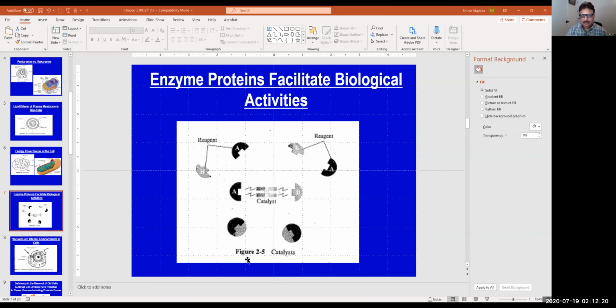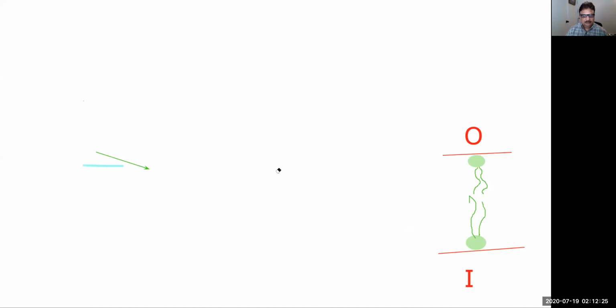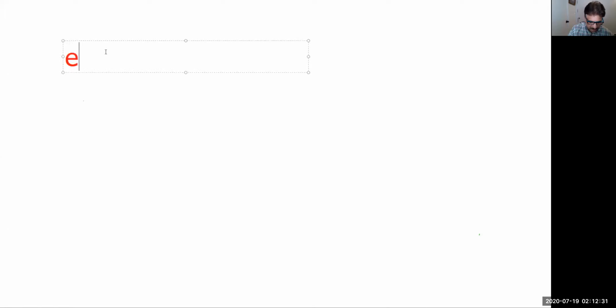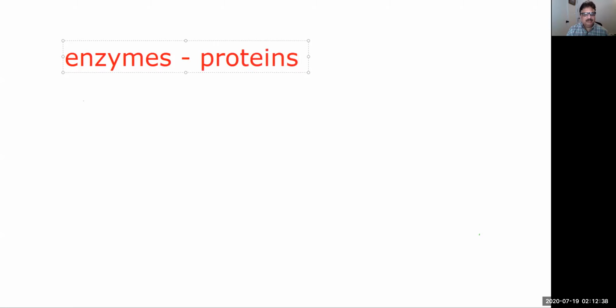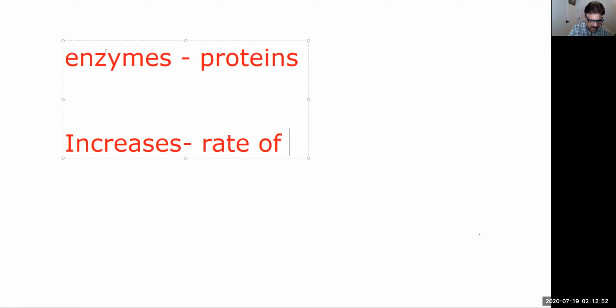In 90% of situations, enzymes are proteins, although as technologies are coming around, it is noticed that certain RNAs can also work as enzymes. And what do these enzymes do? These enzymes increase the rate of reaction.